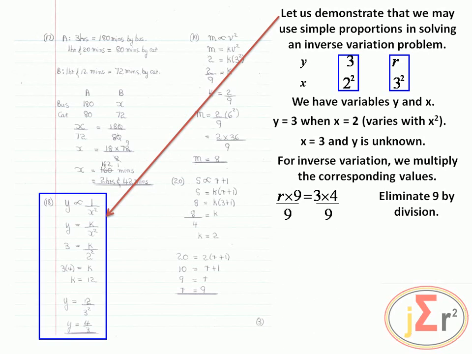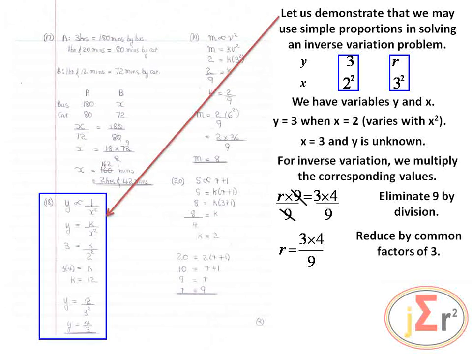We need to divide by 9 on the right hand side also. The 9 is eliminated, and on the right hand side we have 3 times 4 divided by 9. Notice that we did not say 3 times 4 is equal to 12, because we have some fraction reduction to do. So we just maintain the 3 by itself, because we would have to eliminate it anyway.